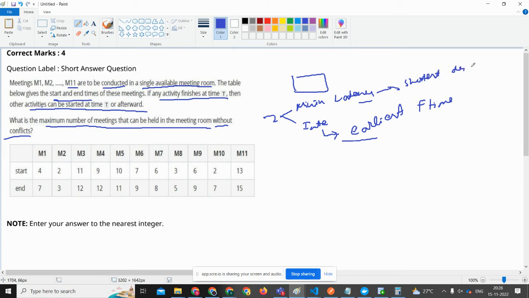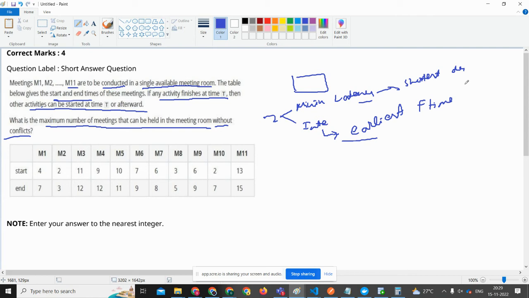If you have confusion, I have recorded this. According to this, this is interval scheduling, right? So what is the idea? Choose the one with the earliest finish time. Gokul, sorry, for minimizing lateness, what did you say? Earliest deadline, or the shortest deadline.